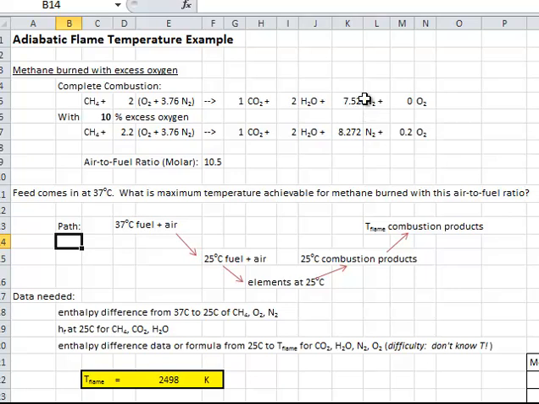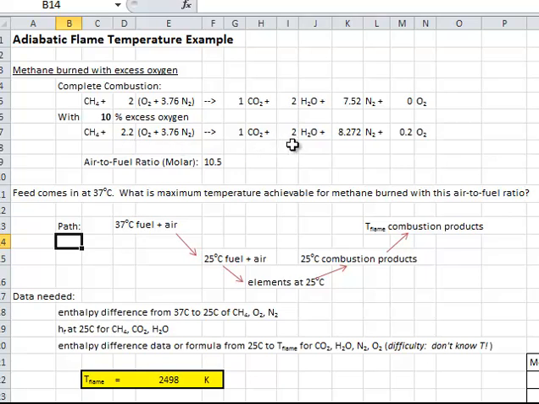The exiting nitrogen is going to be the result of taking these 2 moles of O2 times 3.76 for the accompanying nitrogen. Now if I do 10% excess oxygen, then I would simply take this number here and multiply by 1.1.